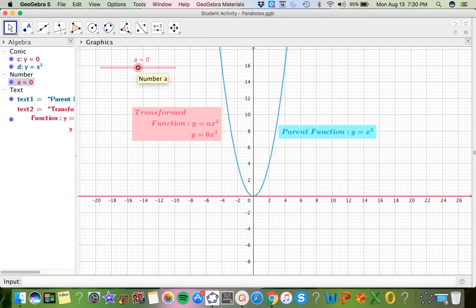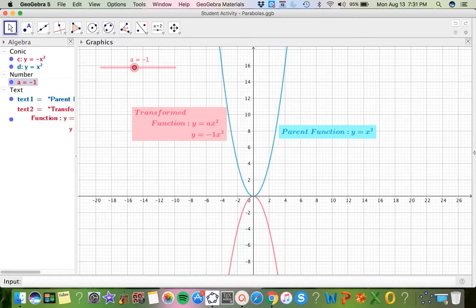Let's continue to decrease a. Now I have a at -1/2. Alright, well, it now has negative y values, and it basically flipped upside down. Okay, let's keep this in mind. So, flipped upside down, and now it's wider. What happens when a is -1?